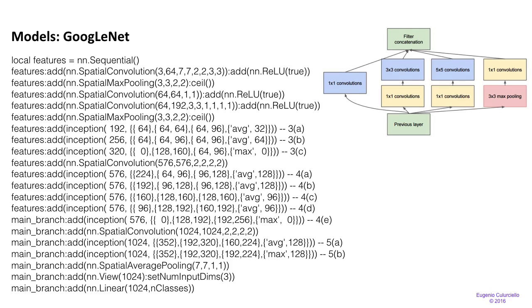After that, we want to describe the GoogleNet model. GoogleNet is a more complicated module, as you can see here in the figure. The previous layer comes in from the bottom, and then there are multiple parallel paths that are concatenated together.